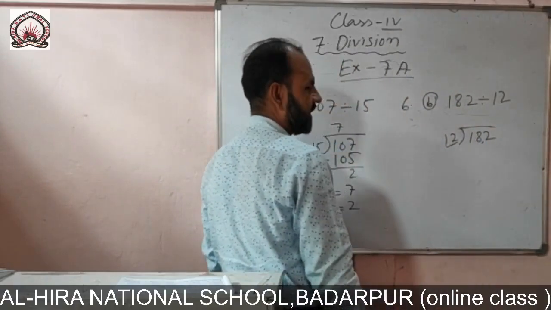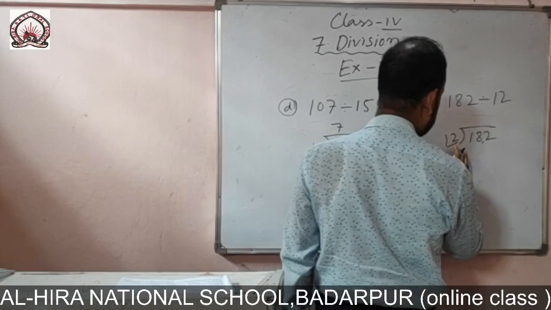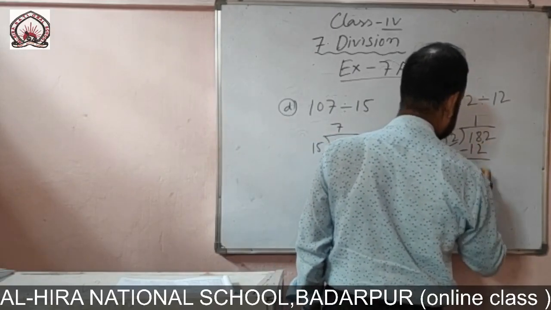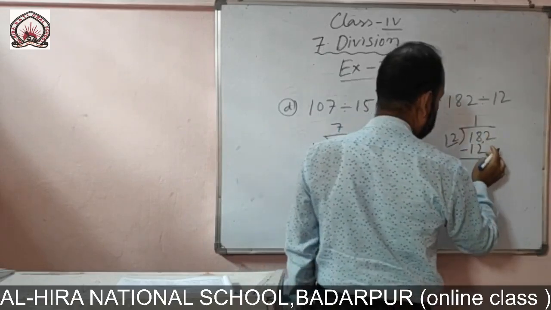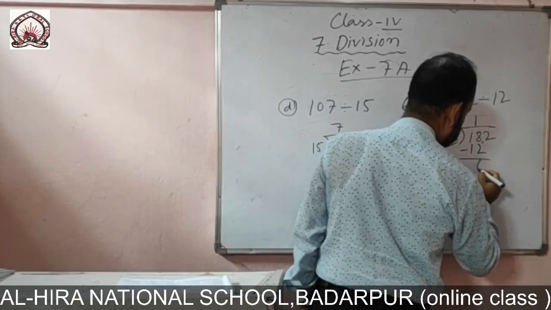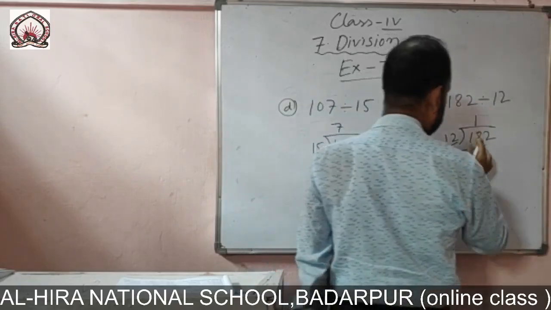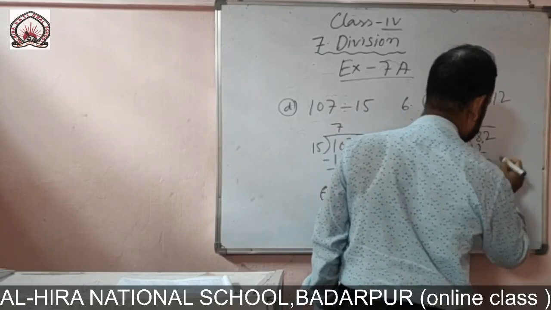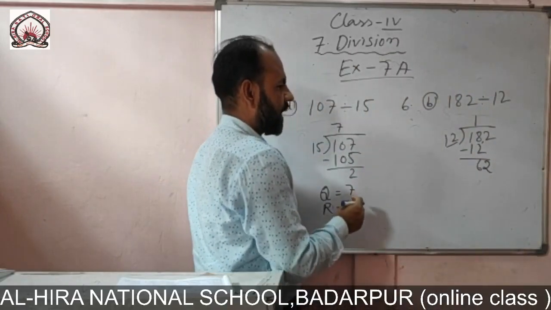So we know 12 1s are 12, minus, then 8 minus 2 is equal to 6. 1 minus 1 equal to 0. We take down 2. Now there is 62.